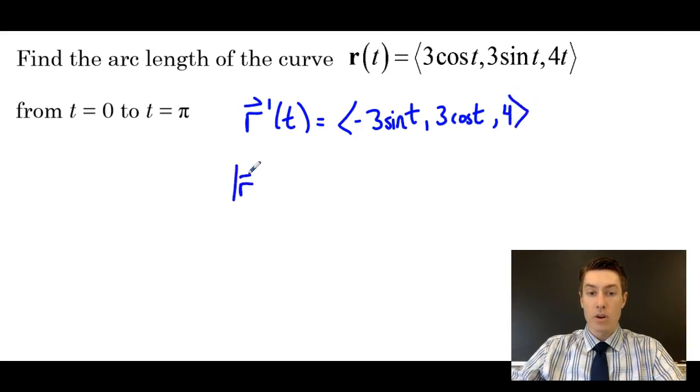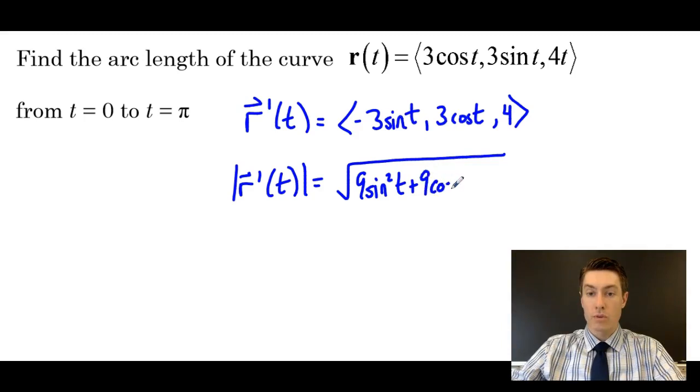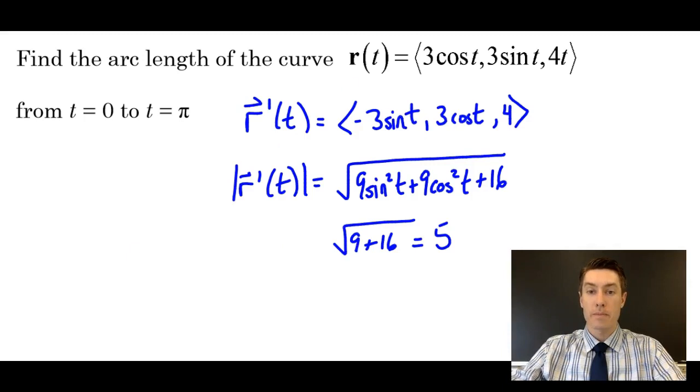Then the magnitude of our tangent vector is the square root of 9 sine squared t plus 9 cos squared t plus 16, which is just the square root of 9 plus 16 using the Pythagorean identity, since sine squared plus cos squared is 1. So we get the square root of 25, which is just 5.